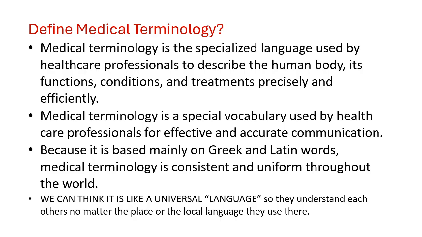Meaning of this, it's a common, universal language that is used by medical professionals in general, to make it easy to understand each other and describe everything precisely and efficiently. The other definition is a special vocabulary used by healthcare professionals for effective and accurate communication. So it is used for communication.